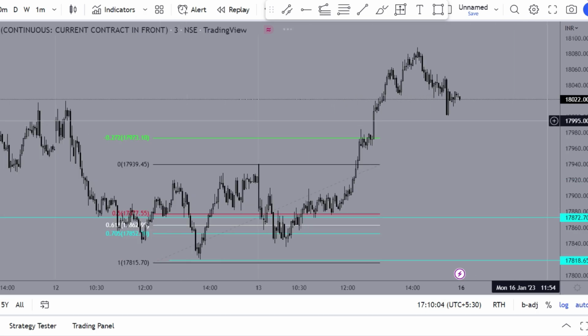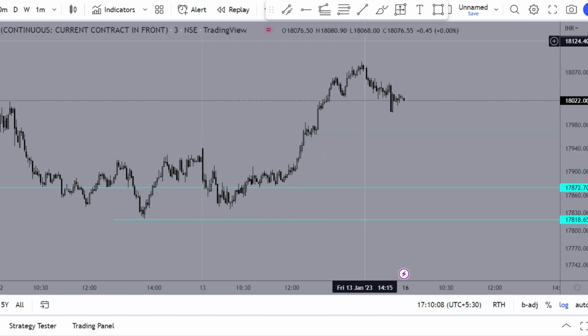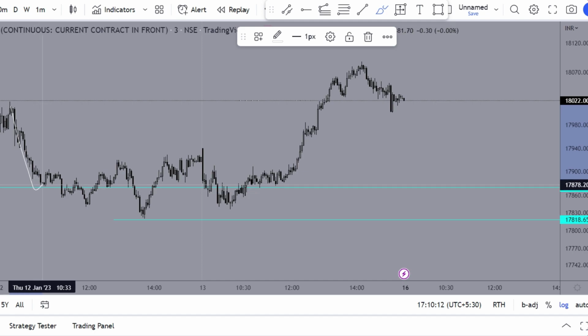If you have already seen my video of the 618 system, you would know how to analyze the swing lows. You see, a swing like this, and a new low formed. These are the lows getting formed consecutively. A new structure high, a higher low, and a new structure high.